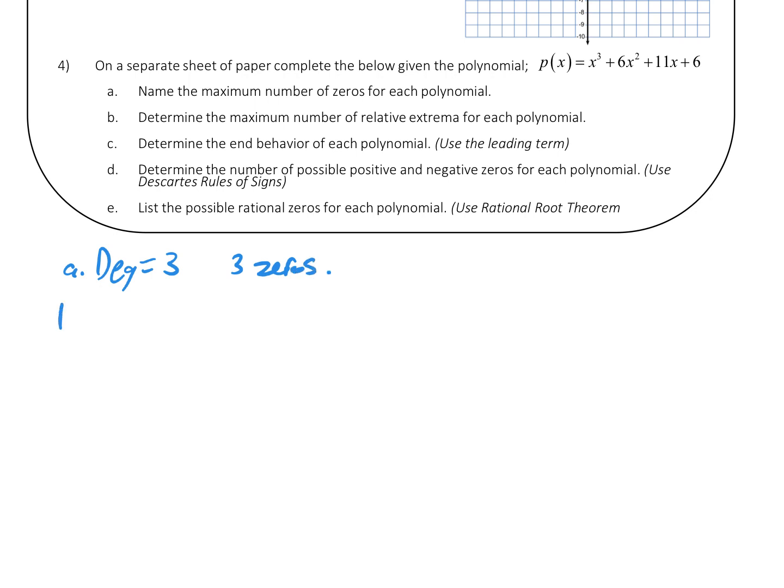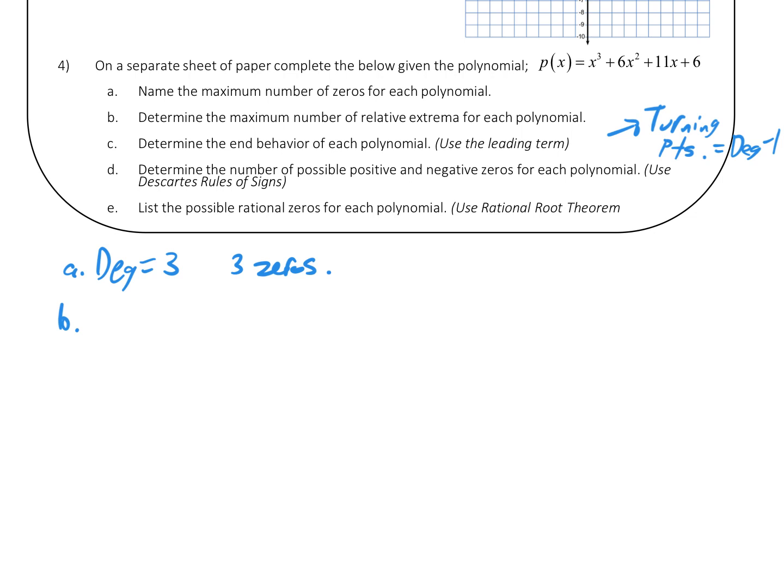And let's see, part B says our maximum number of relative extrema. Now, I'm going to go ahead and point out that this is the same as turning points, okay? So your turning points are actually the same thing as the degree minus 1, okay?